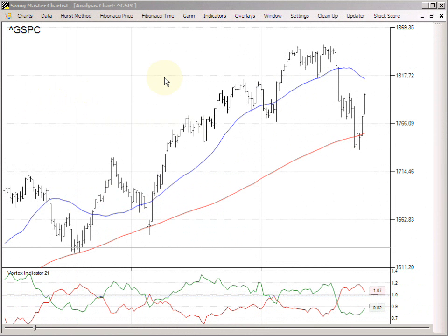Okay, just to review, a summary review. This is the daily chart of the S&P 500. Two of our three trend indicators are bearish, so we're going to stick to the script that wave 1 has completed.